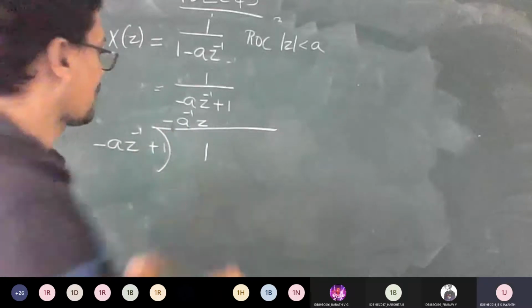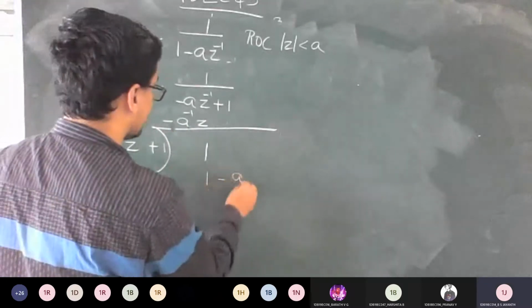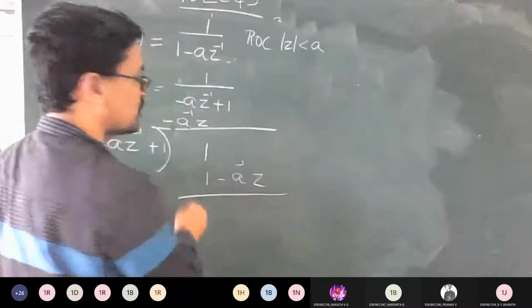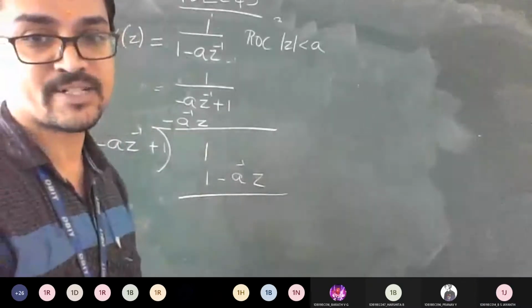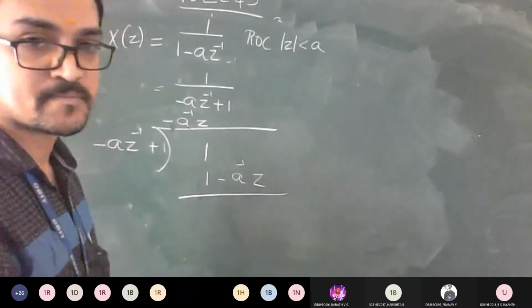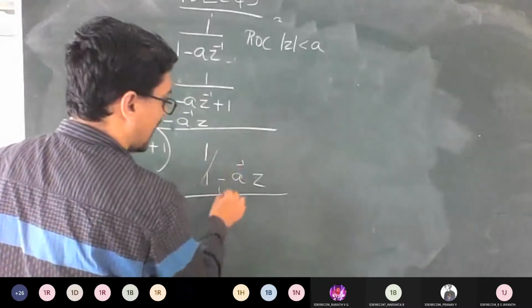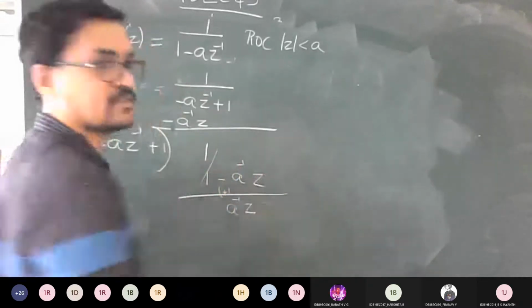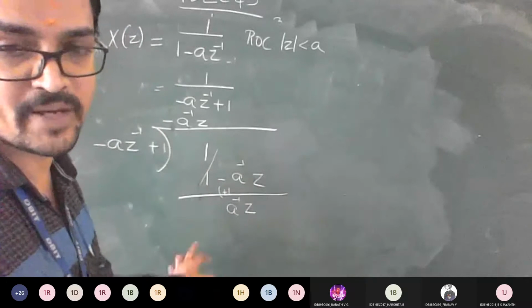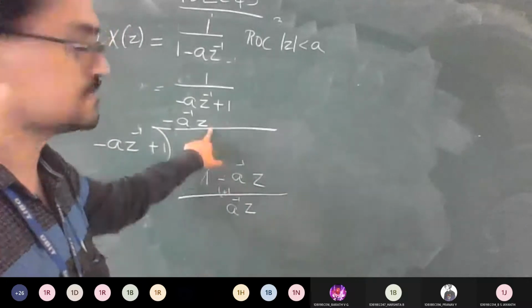1 minus a inverse z, sir. So here what is going to get cancelled, guys? Your 1 is going to get cancelled. So this is going to be added: z raised to minus 1, a power minus 1 into z. What is next?